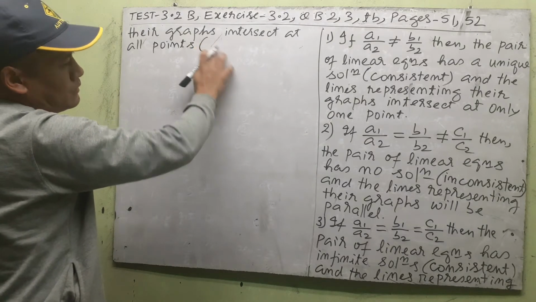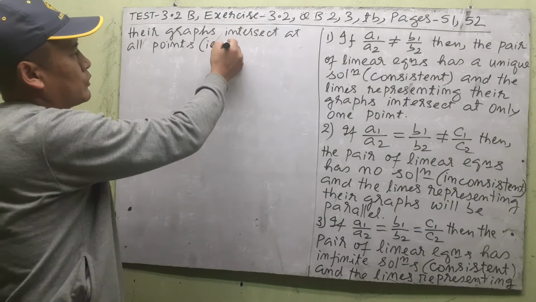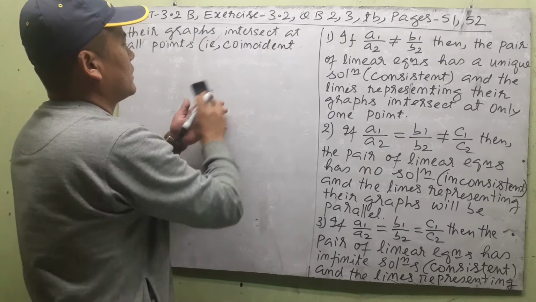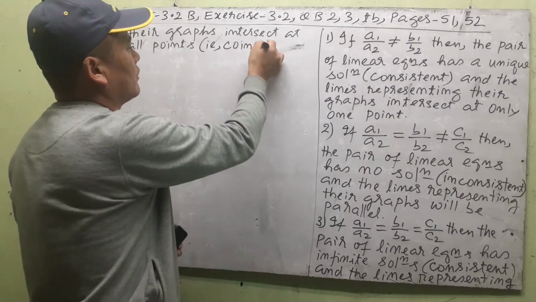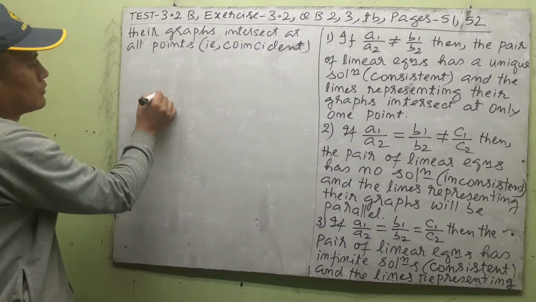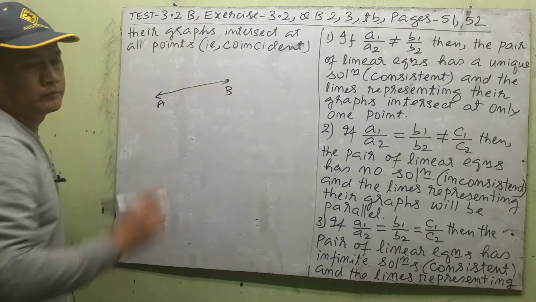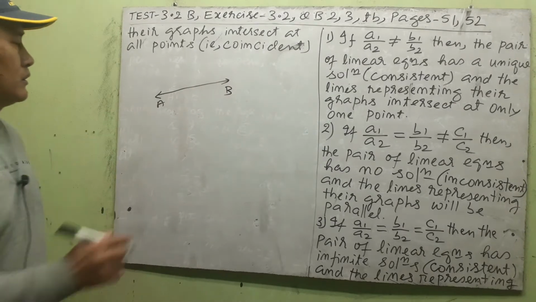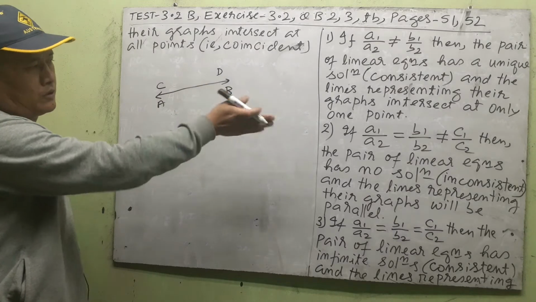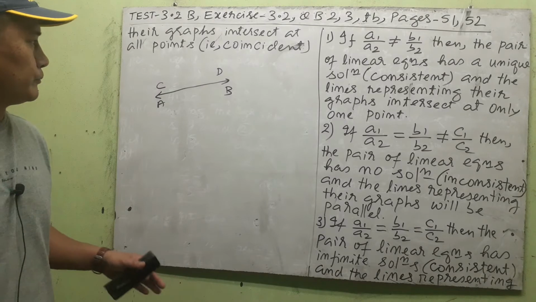That is, we can also call it, if they intersect at all points, in other words, in English word, we call it coincident. Coincident means touching each other at all points. Coincident means if you draw the graph of first linear equation and you got your AB, then you plot the graph of the second equation, it will be the same line. So those two lines of the two equations are overlapping at all points. So coincident means it's the same line. Okay.